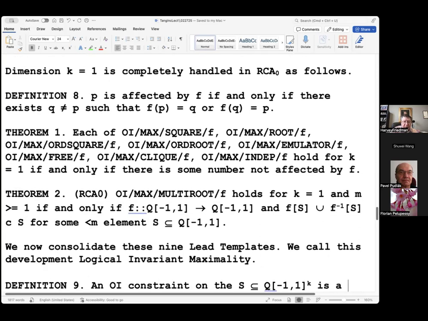And then it's a little bit more involved for the multi-root thing.